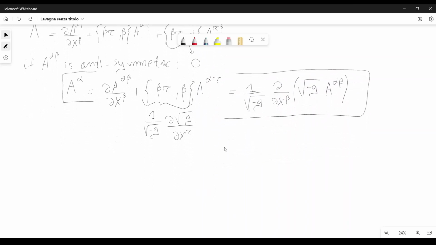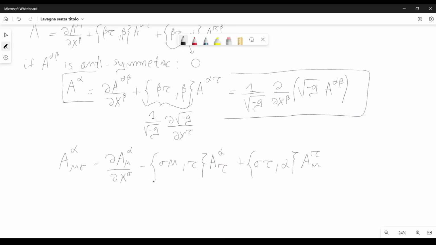Now we are going to derive the divergence of a mixed tensor of the second rank. We start from this expression A^α_{μ;σ} equal to the derivative of A^α_μ with respect to x^σ minus Γ^τ_{σμ}, which multiplies A^α_τ plus Γ^α_{στ}, which multiplies A^τ_μ.